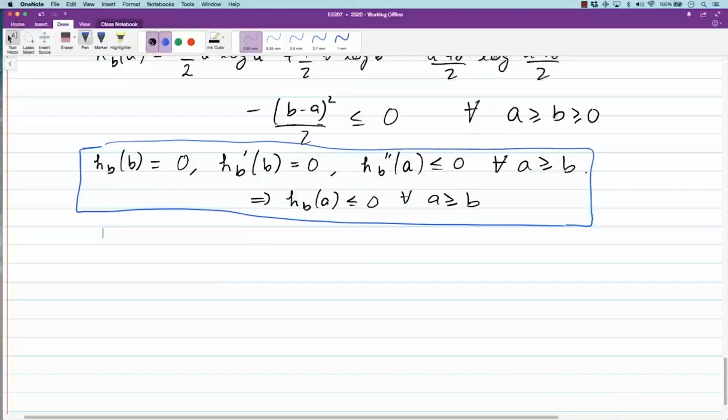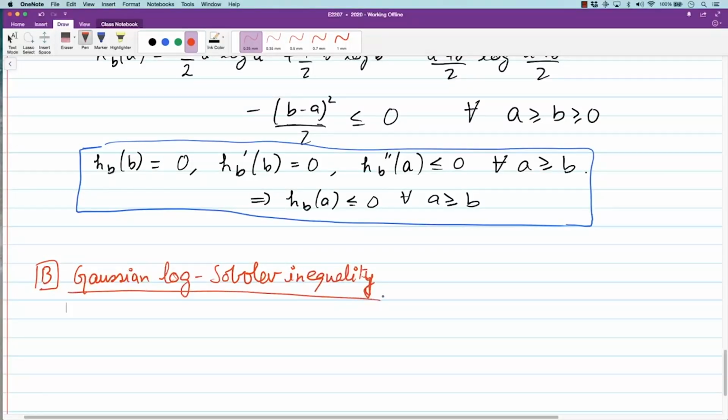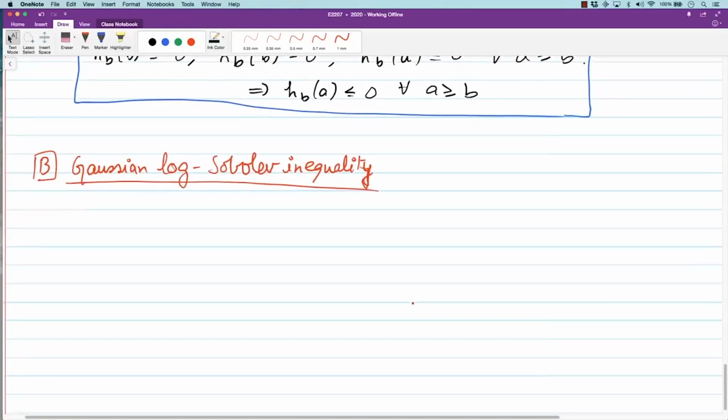So since we have the binary log-Sobolev inequality, we can now use it to obtain the Gaussian log-Sobolev inequality. How do we do this? To get the Gaussian log-Sobolev inequality from its binary counterpart, we proceed as before.